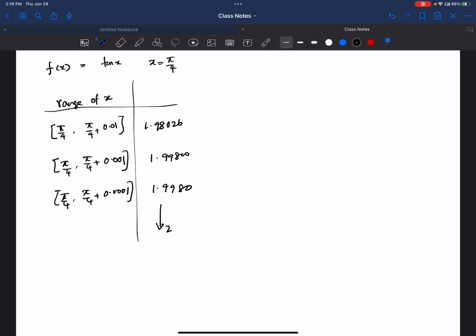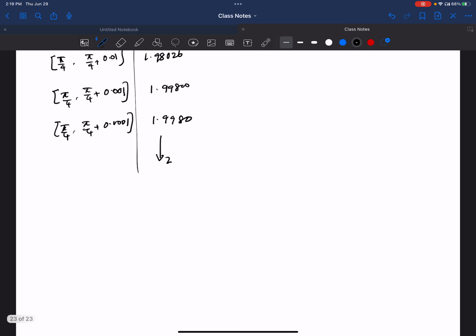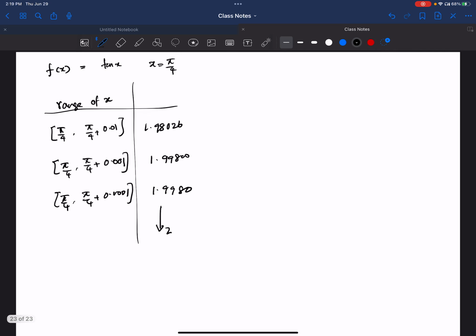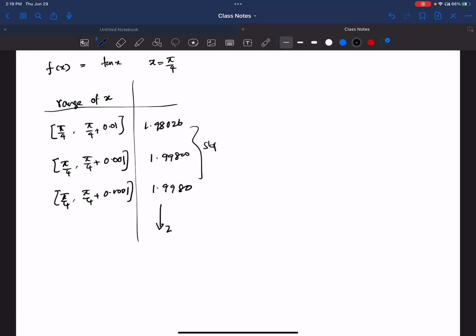So it goes towards 2. It goes towards 2. So these are the slopes of secant lines.